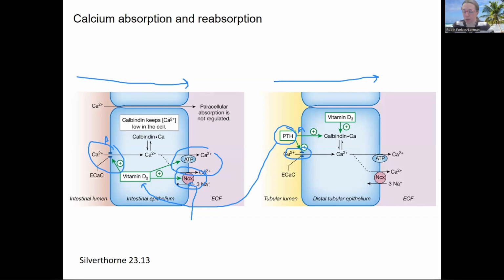And then again, calcium reabsorption in this case is stimulated by PTH, detecting low plasma calcium and triggering both of these situations. So absorption in the intestine, again, a little more complicated because vitamin D is involved there as well. Well, vitamin D is involved in the kidney as well, but a little bit differently. And in either case, increasing absorption, increasing reabsorption, we've got increased calcium in the blood.